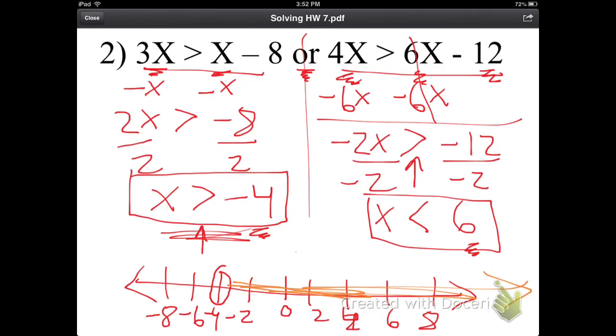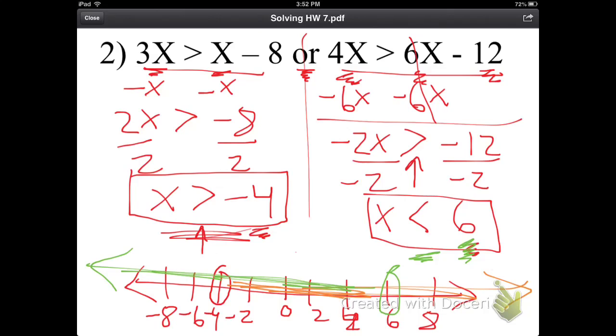And I'm going to graph the right side inequality in green. I'm going to have an open circle at 6, and I'm going to shade left because x is less than 6. So I'm going to shade left.